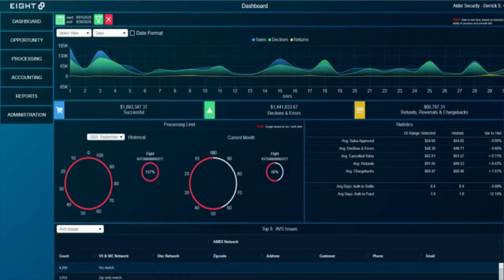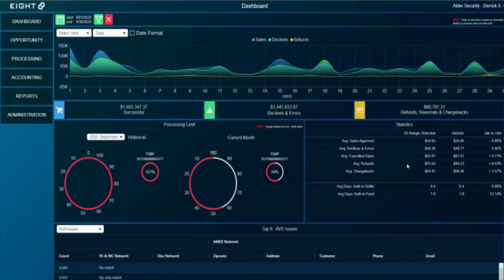Refunds went way up. So you'll notice it's up by almost 8.5%. From their average refund being $84, it went up to $91. So they're giving back more money. And the chargebacks went up slightly by just shy of 2%. So they can see for the time period selected, how did they perform towards their historic numbers?